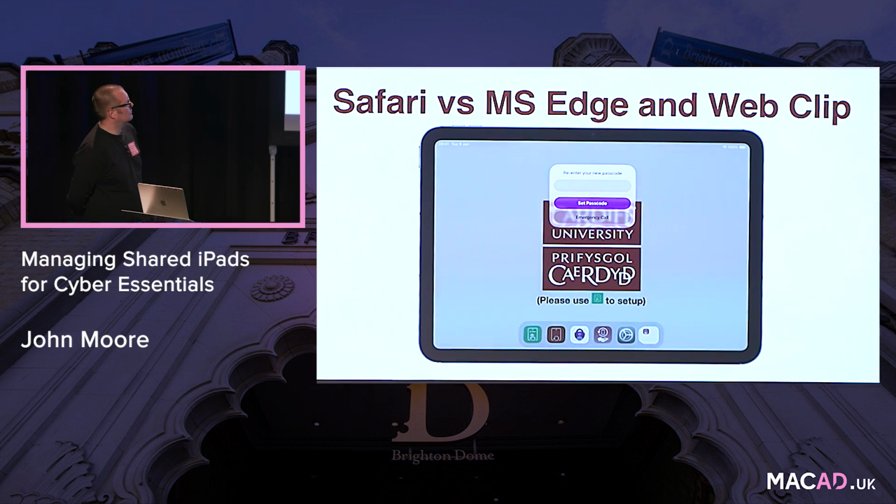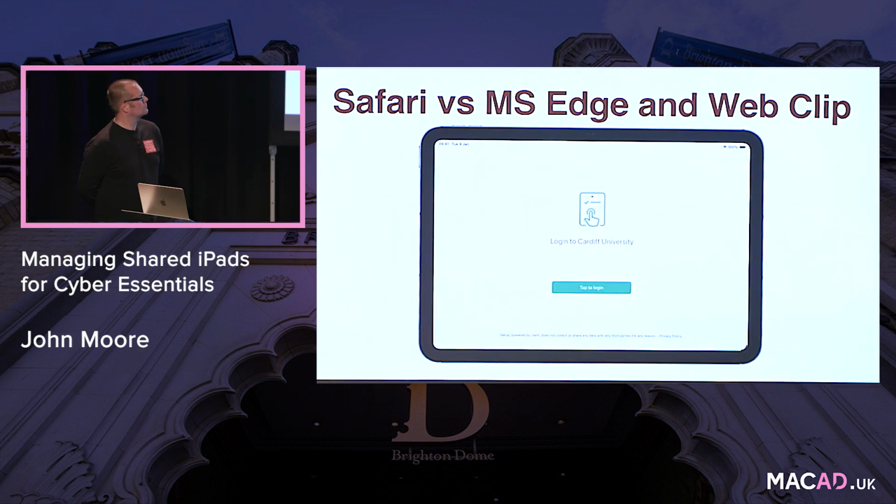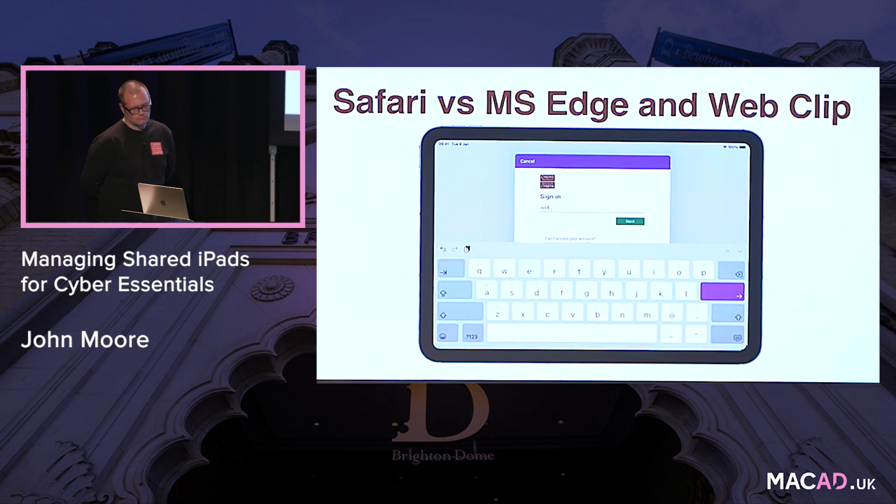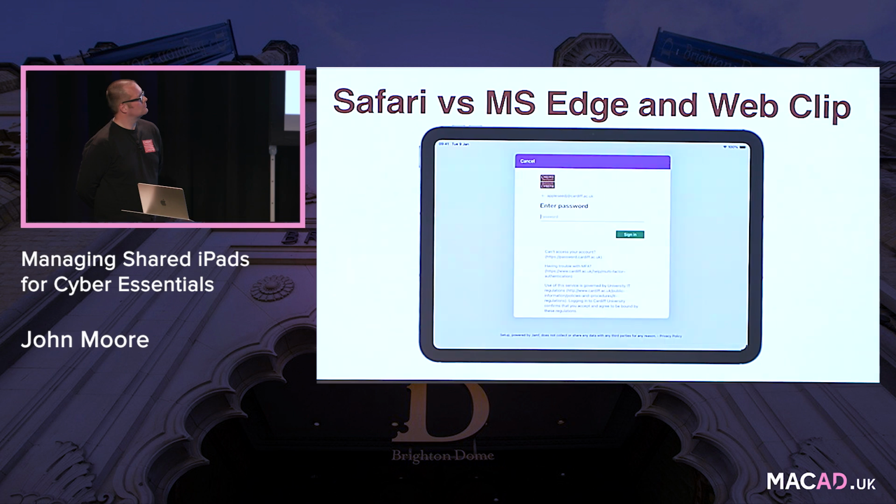So again, before they can get into Jamf setup, you need to set a passcode. Then you need to authenticate with Entra. And this one I was really, really careful, so it's even slower than the last one.